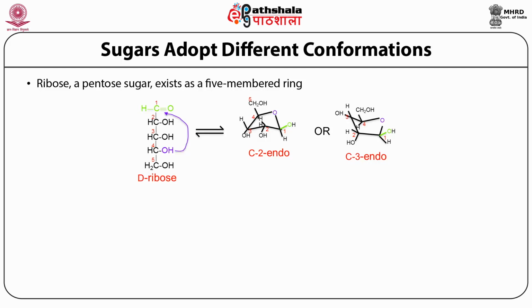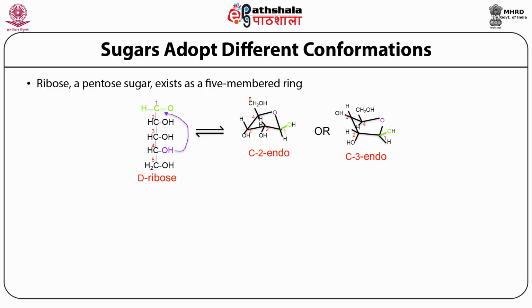So for example, ribose is a pentose sugar, fructose is a hexose sugar. And in case of ribose, if there is an intramolecular cyclization, it will lead to the generation of both the alpha and beta forms.